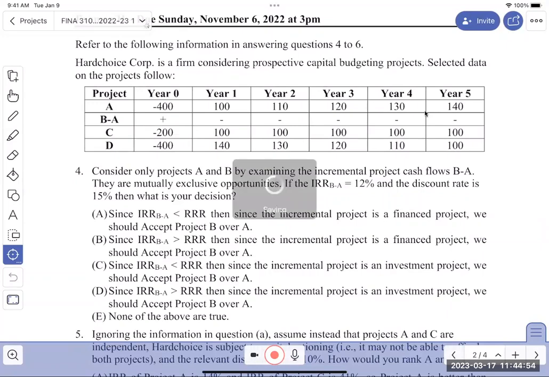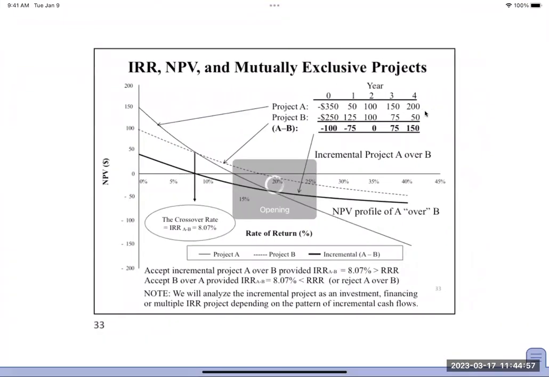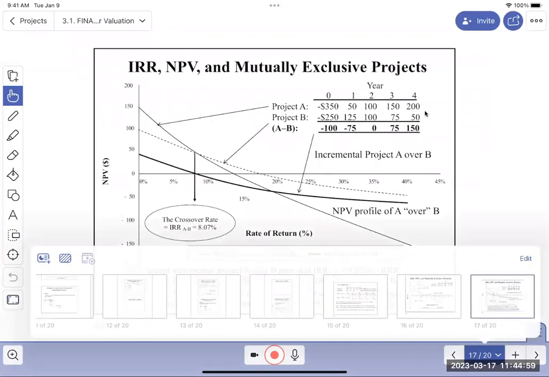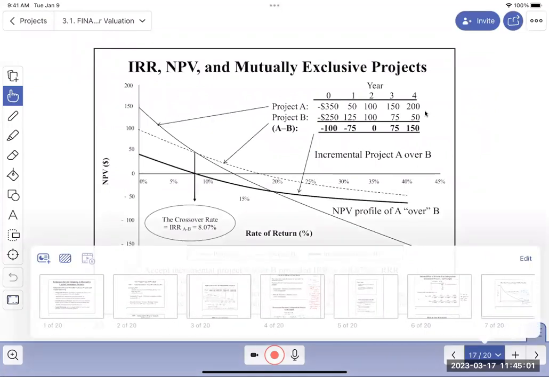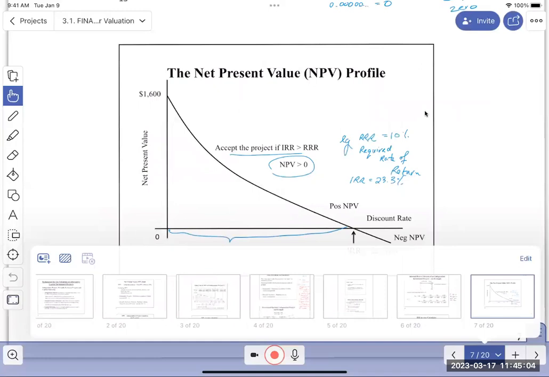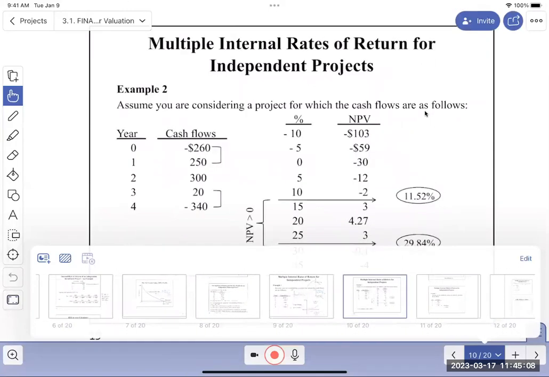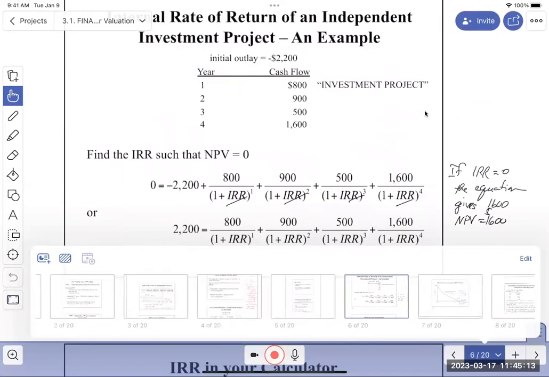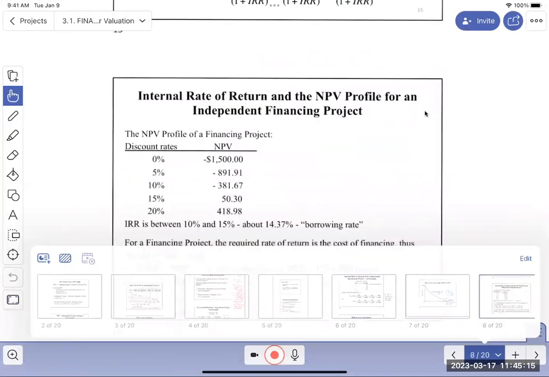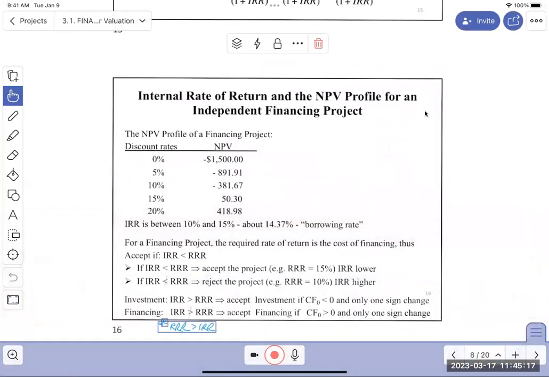Remembering for a finance project, we require the required rate of return to be higher than the IRR.